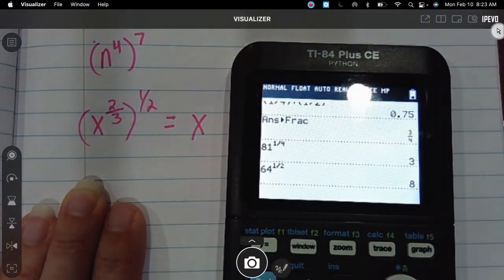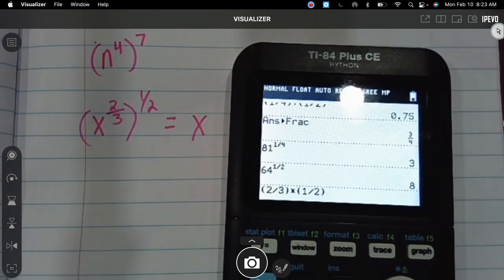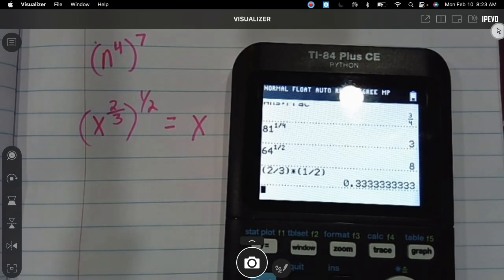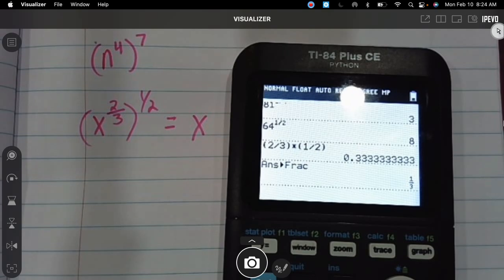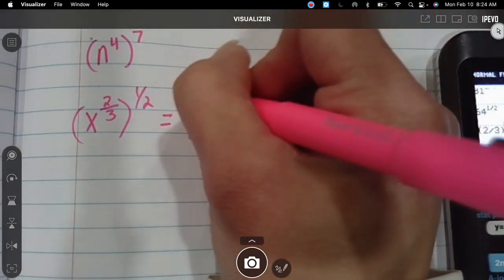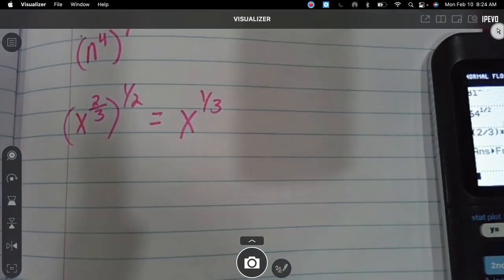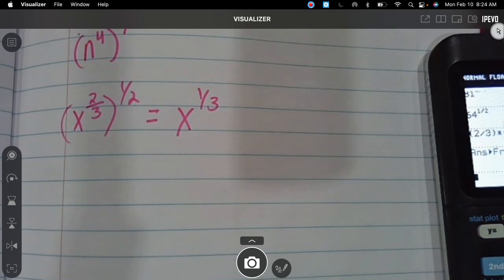So I like to put mine in parentheses. 2/3 times 1/2. It'll give you a decimal unless you press math enter. Now we're talking. Now we need a fraction. It's 1/3. X to the 1/3. And that's how we're going to leave our answers. Okay? If you have a fraction, just leave it like that.